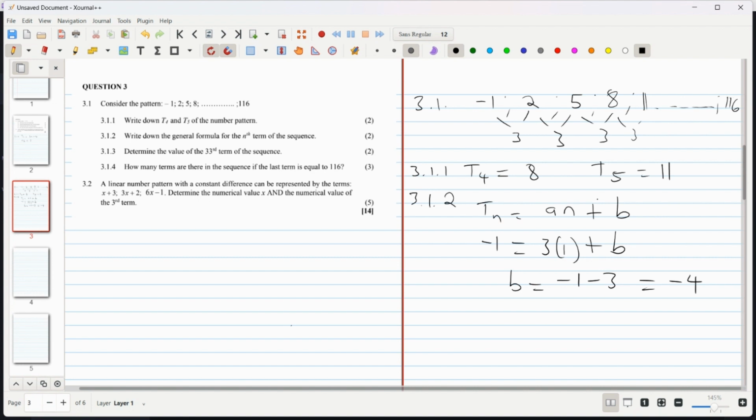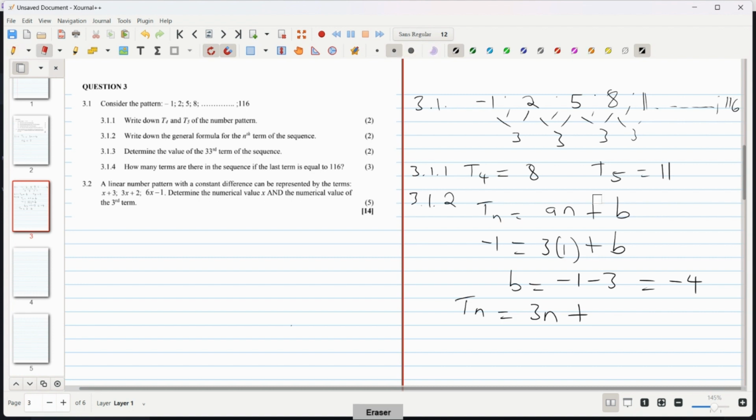What happens next? We write the whole general formula. Our Tn will equal 3n plus b.